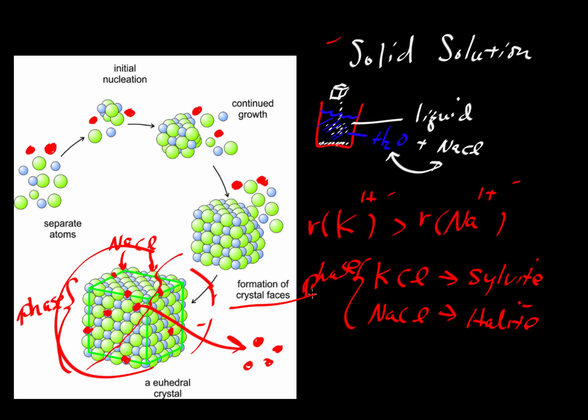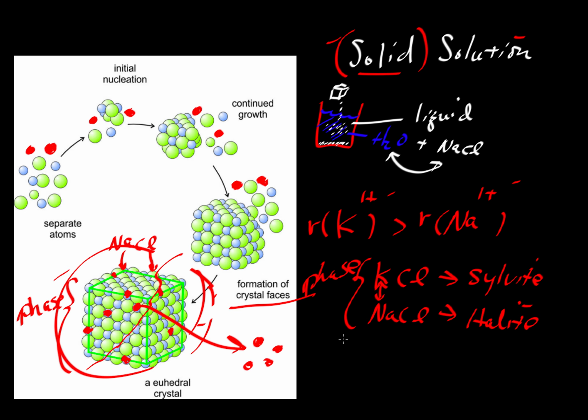But without that process, we would have this intimate mixture of potassium and sodium atoms filling in these spaces in between the chlorine atoms, would have a single phase dissolving both potassium and sodium atoms, and that would be an example of a solid solution. A single solution, in this case here, a single phase, the way we've illustrated, it's actually a single crystal that dissolves two components, a sylvite component and a halite component.